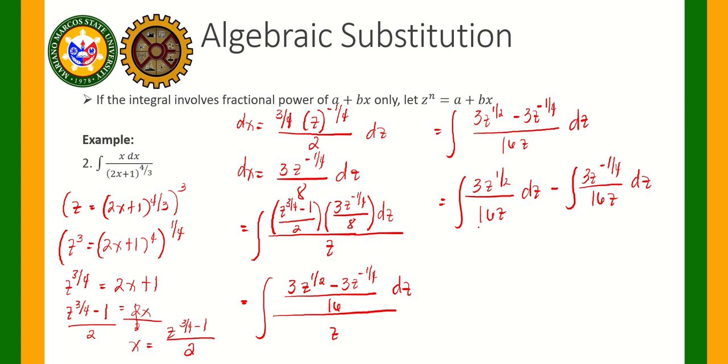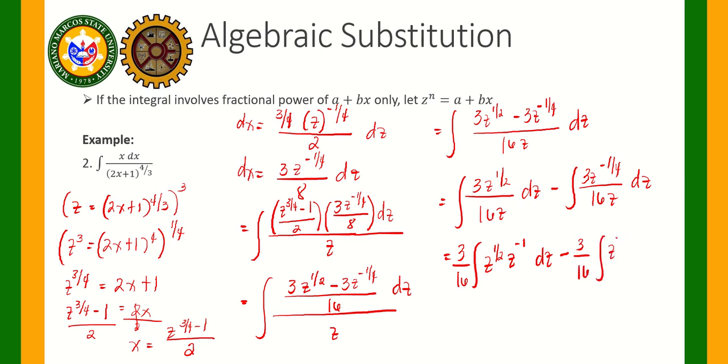And then, pwede natin i-isolate si constant. So, this will be equal to 3 over 16, the integral of, pagsamahin na lang natin si variable z. Lagay natin sa taas to para mas maging simple yung integration natin. So, magiging z raised to 1/2 multiplied by z raised to negative 1 dz. Minus, isolate ulit natin si constant.